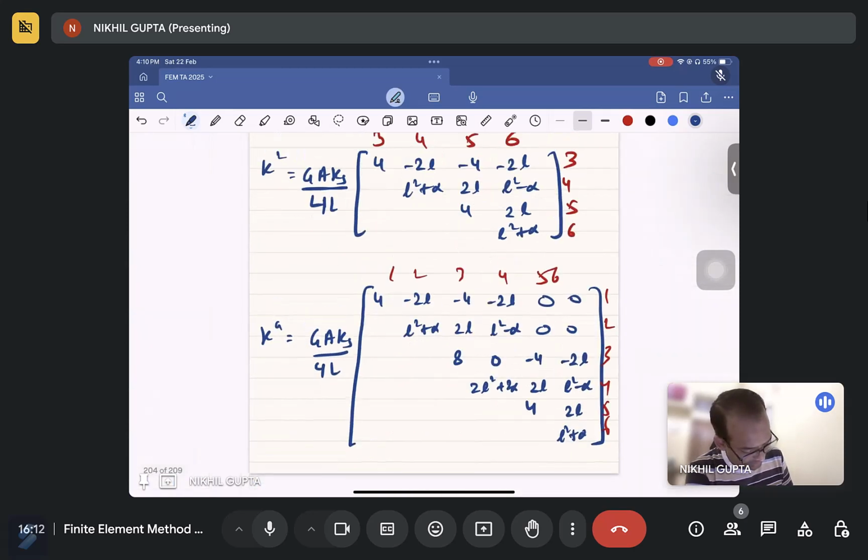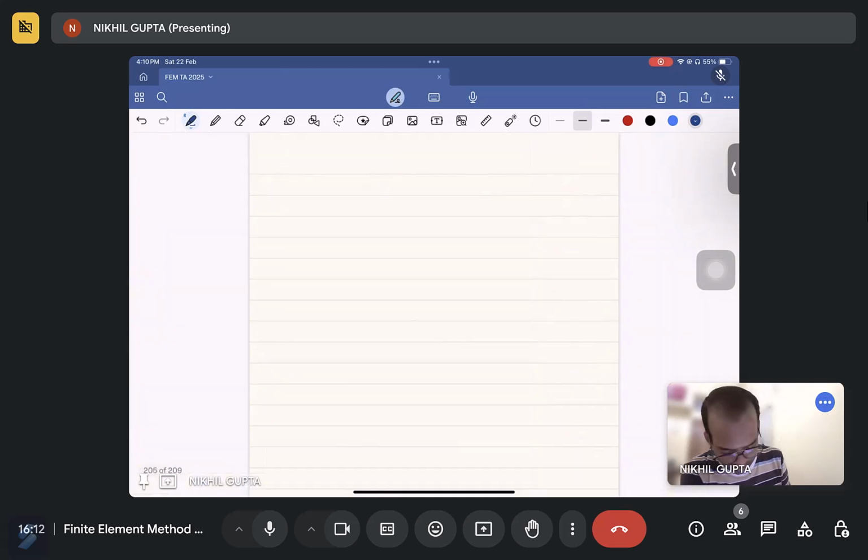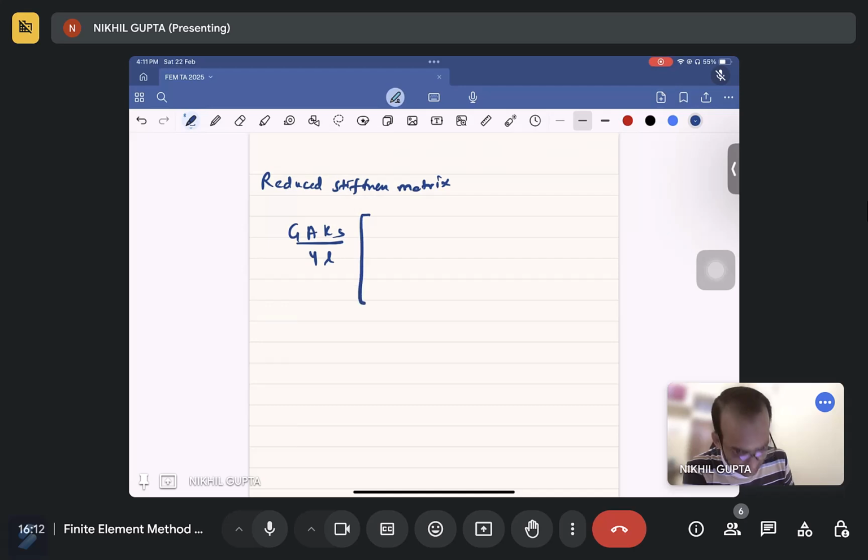We'll reduce this matrix to u4 and u6, and the reduced stiffness matrix will be G A Ks by 4L times twice L square plus alpha, L square minus alpha, L square minus alpha, L square plus alpha.